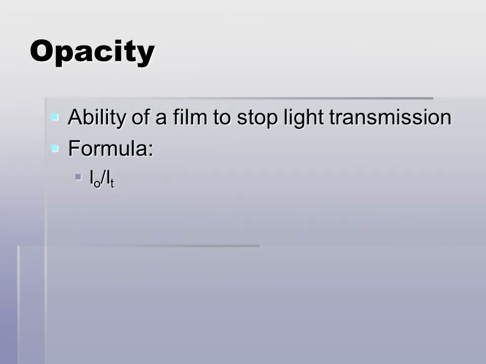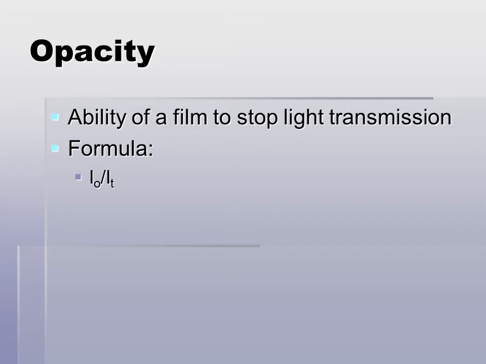Opacity is the ability of a film to stop light transmission. You do not need to memorize table 21-1, but it does go a little bit further into opacity.